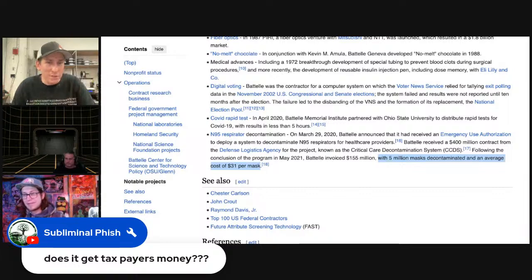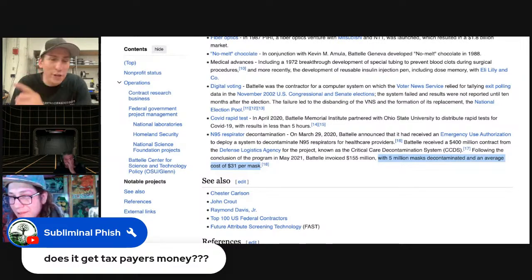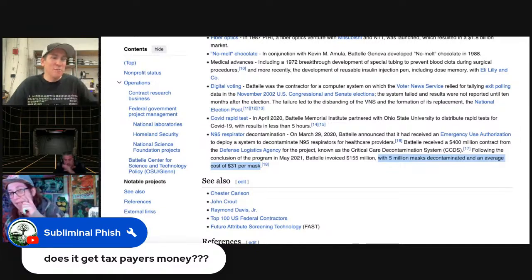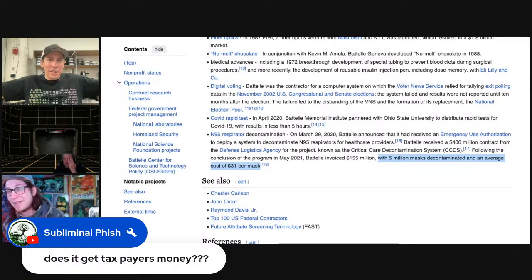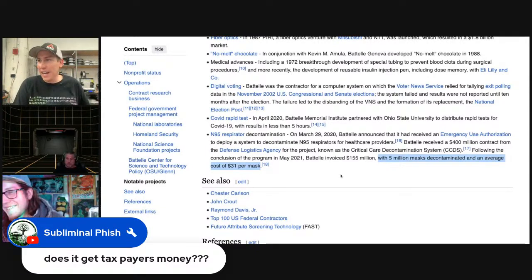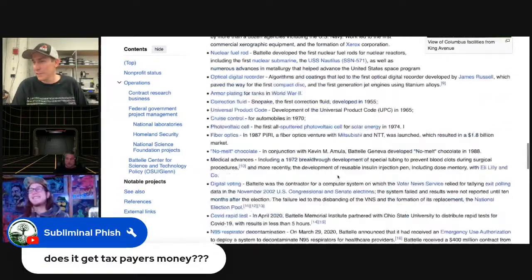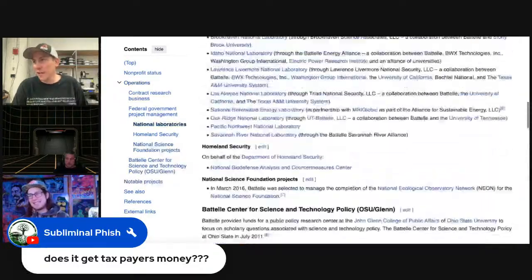We paid Battelle to recycle and decontaminate masks. Now the masks that they decontaminated contain these fibers that gave everybody cancer and messed up their lungs. And we spent $31 per mask. They could have just bought a new mask for like 10 or 15 bucks. Goddamn government idiots, and the spending is just so ridiculous and stupid.